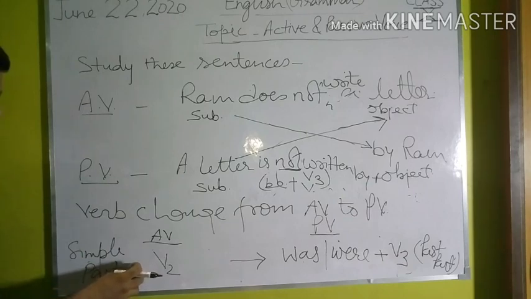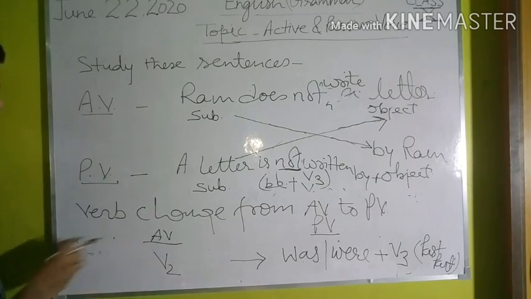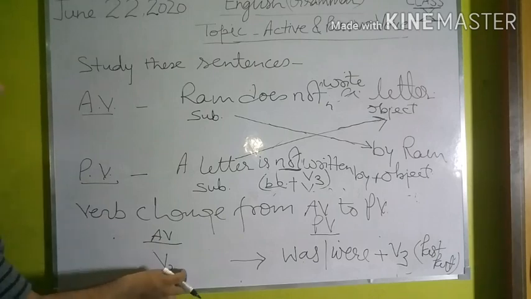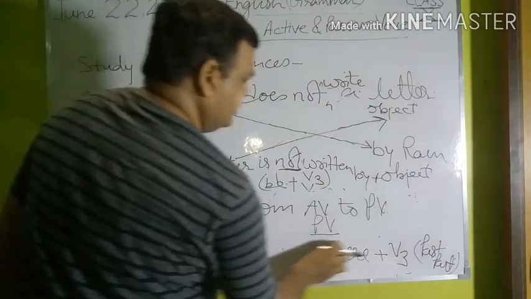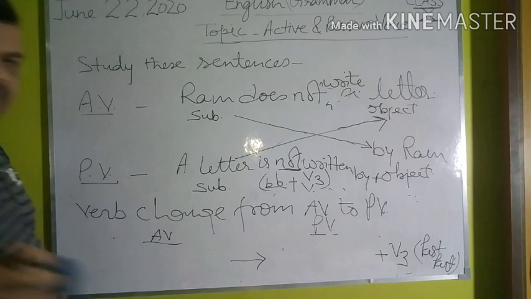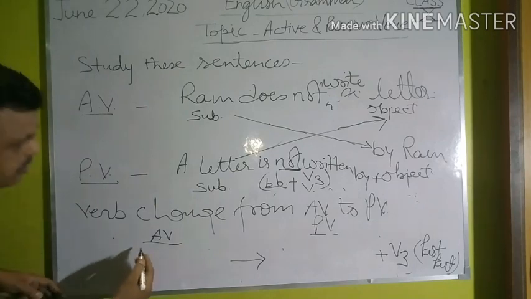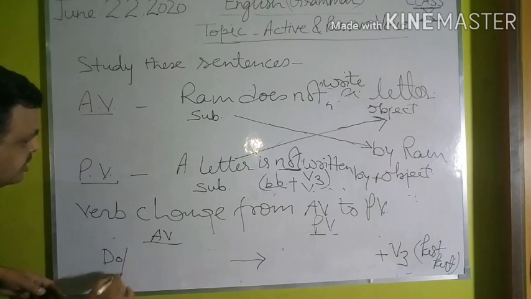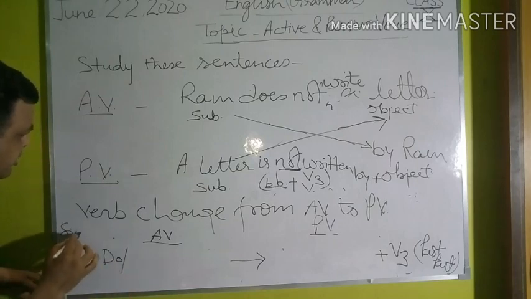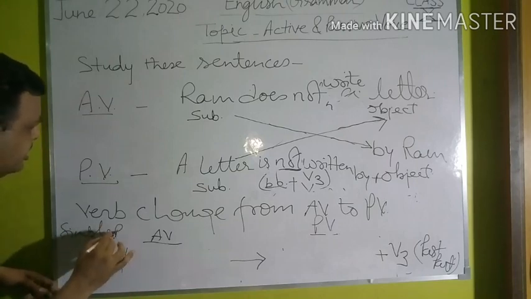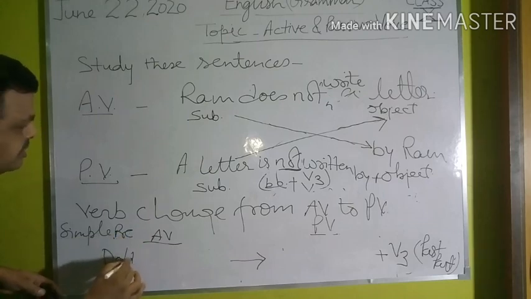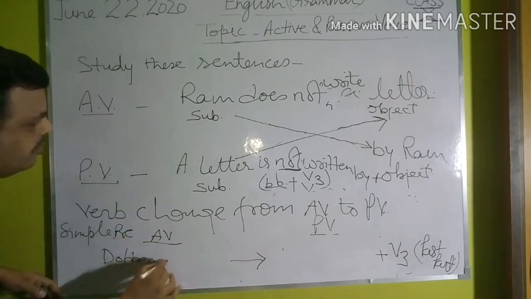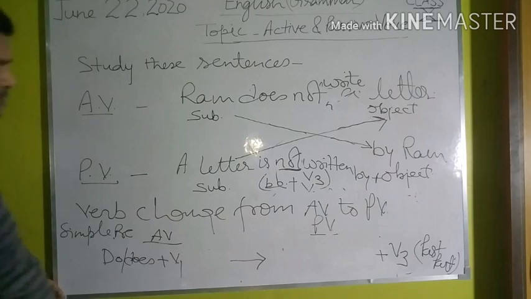Here also I would explain the verb structure, and here you have to understand this. In the active voice of simple present tense we use do or does followed by the first form of the verb.